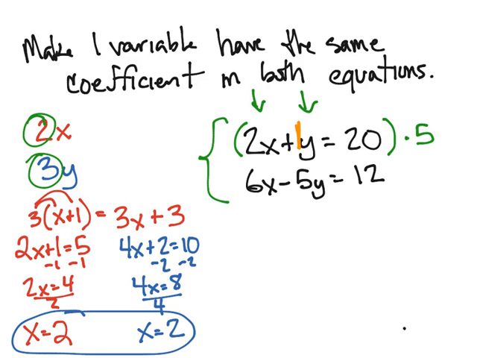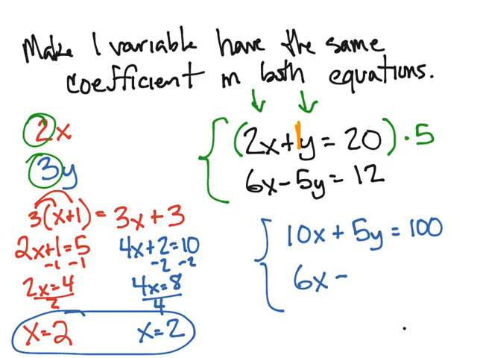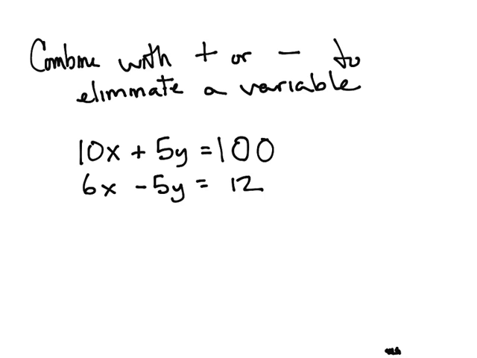This is going to give us a new system of equations, where our top line becomes 10x plus 5y equals 100, and our bottom line will stay the same because we haven't multiplied or changed it at all. So our new system of equations is 10x plus 5y equals 100, and 6x minus 5y equals 12.